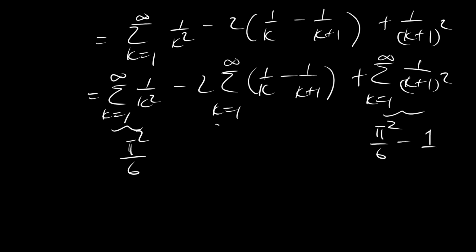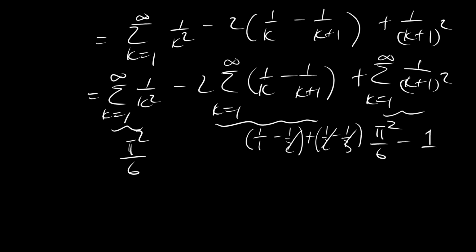And this one here is important because it's like having 1 over 1 minus 1 over 2 plus 1 over 2 minus 1 over 3. And you begin to see that the succeeding values cancel, and so this part becomes 1. The remainder is just 1.